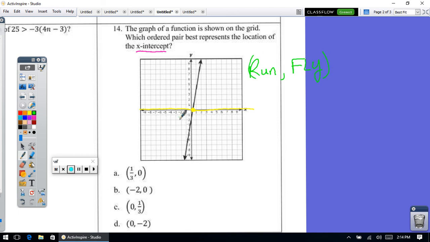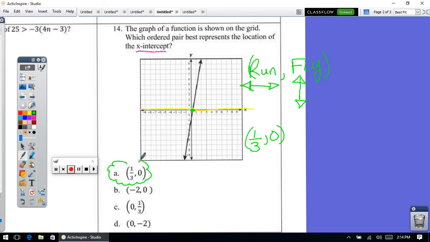That means if I start at the origin, I must run this direction first before I fly up or down. How do I get to where it crosses the x-axis here? Well, I must run a fraction, maybe run a third. But notice I'm not flying up anywhere. So run a little over to the right and fly nowhere, and you will hit where it crosses the x-axis.